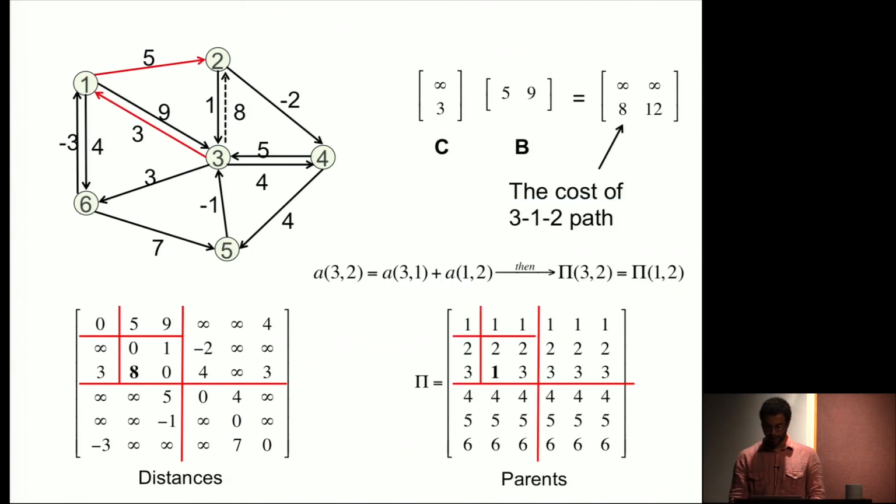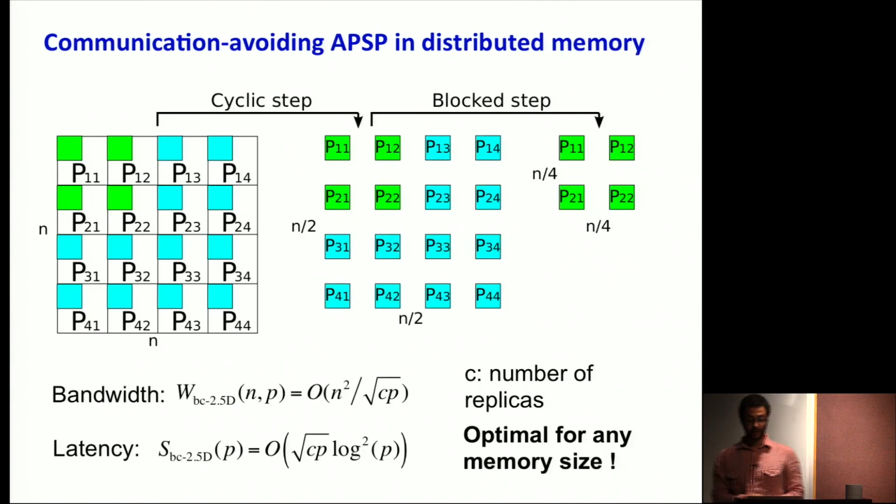That's the decision you take when you're parallelizing the recursive algorithm on distributed memory. And there's an optimal point to switch from what we call the cyclic step, where everybody works on the subset of the problem, versus where some processors don't recurse on that sub-problem. That's what we call a block step. There is an optimal point where you have to swap between cyclic step and block step to get the lower bound on bandwidth and latency. So that's how you handle the recursion.